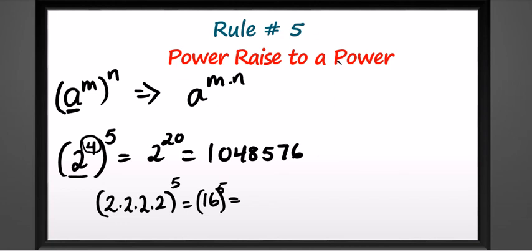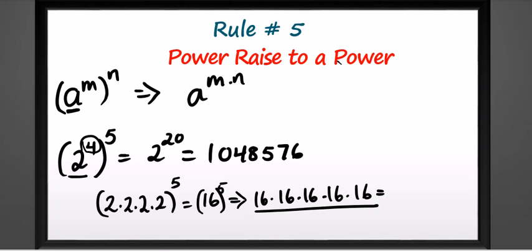And then your 16 is going to get repeated 5 times. It's going to be 16 times 16 times 16 times 16 times 16. Answer is the same, but look at it, it's just a bit more complicated.